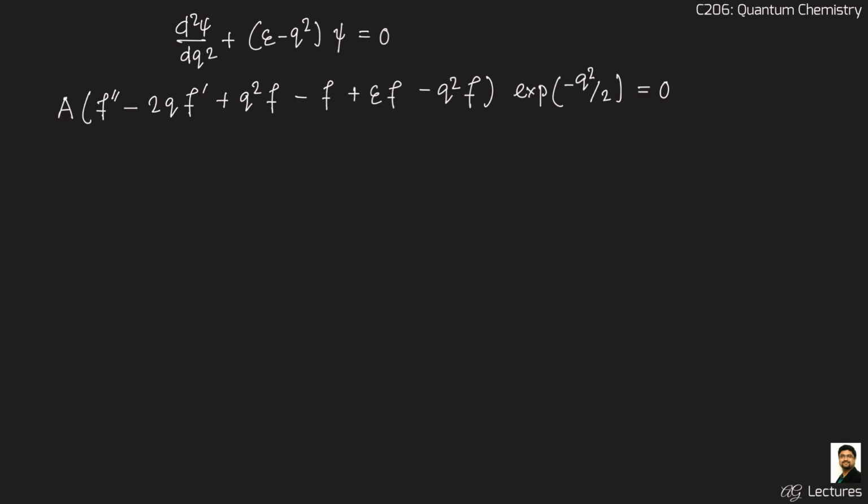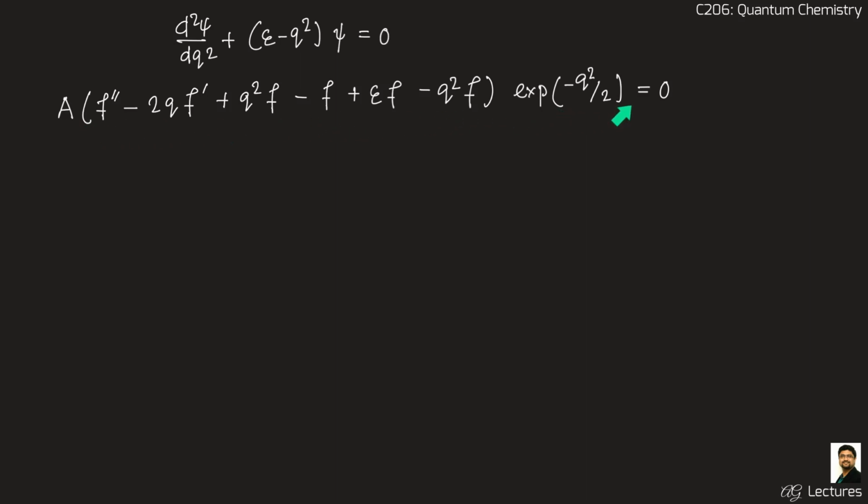And this bracketed thing has to be 0 for all values of q, and as we know, this exponential factor is in general not 0 unless q goes to plus or minus infinity. For any general q, this expression is not 0, so therefore the bracketed expression has to be 0.